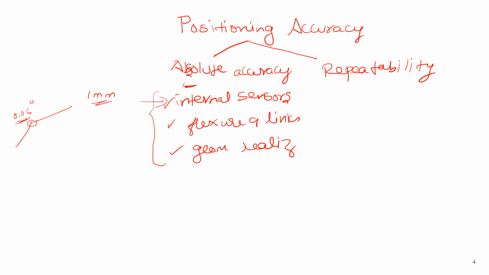These errors also get accumulated from one link to another, and hence we say that the absolute accuracy of a serial robot is poor, right?